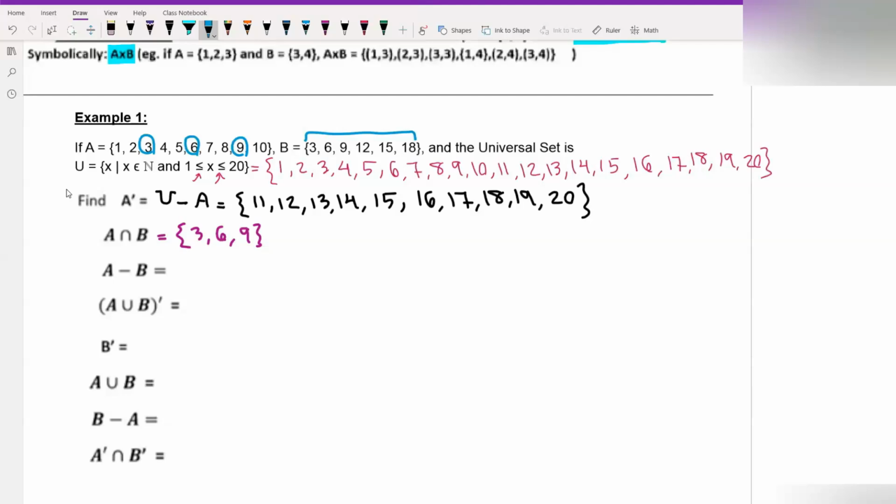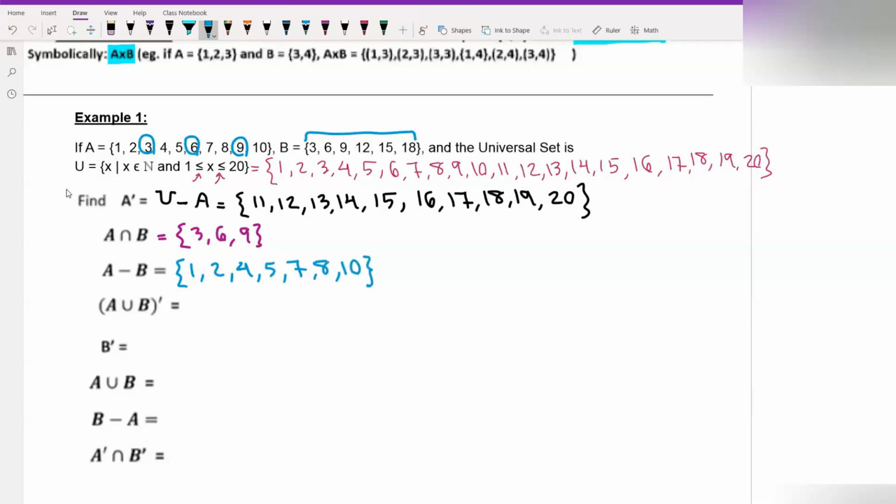It doesn't matter if we have 12, 15, 18 inside A or not. The answer that we have here is what is left in A after subtracting. After subtracting, the answer is 1, 2, 4, 5, 7, 8, 10.